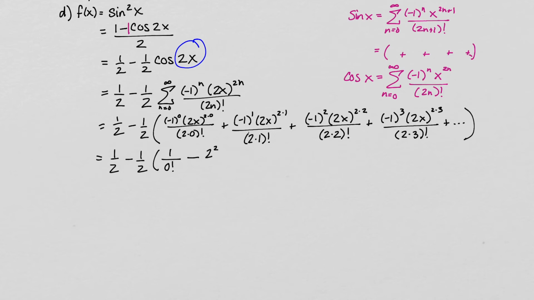This is going to be 2 squared x squared over 2 factorial. Then plus 2 to the 4th x to the 4th over 4 factorial. Then minus 2 to the 6th x to the 6th over 6 factorial. And we're going to continue that pattern.